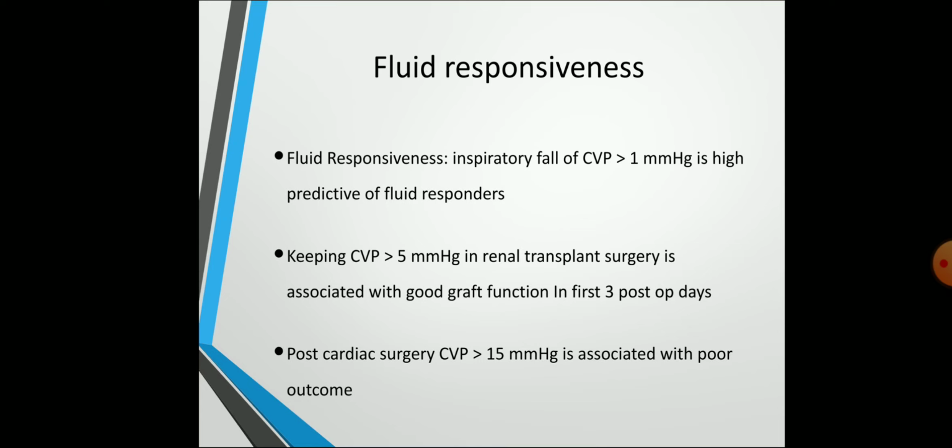So what happens is that fluid responsiveness takes place. In fluid responsiveness, an inspiratory fall of CVP of more than 1 mm of mercury is highly predictive of fluid responders.